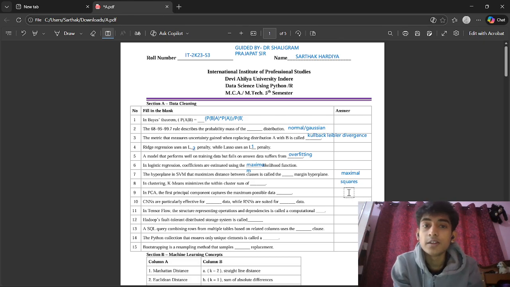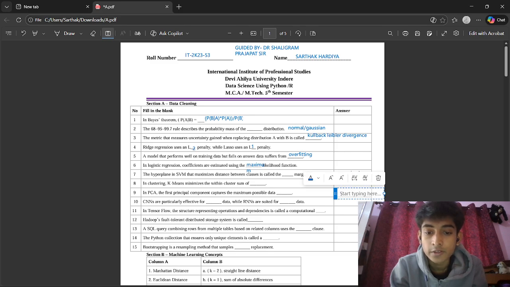So we know that in principal component analysis, which is dimensionality reduction using feature extraction, we try to maximize the data variance, so that it increases the model prediction ability and it reduces the number of features, right? So we try to maximize the data variance. So answer would be variance.